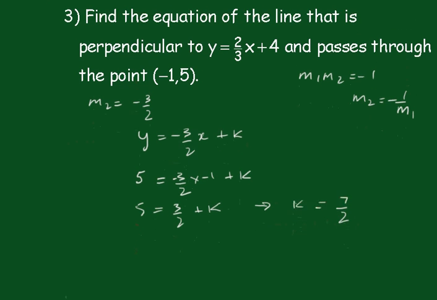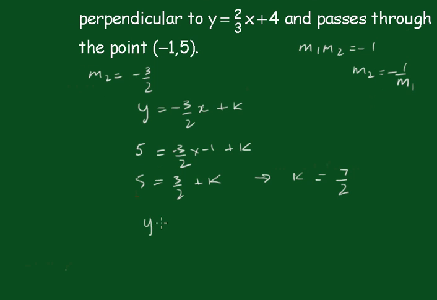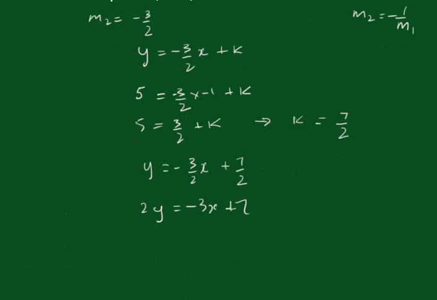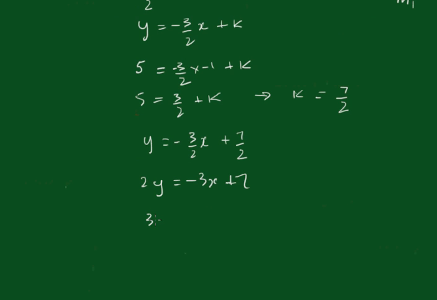So we have it as y equals minus 3 over 2 x plus 7 over 2. Now I might put this in general form, it's a bit unpleasant looking. So multiplying this throughout by 2, we get 2y equals minus 3x plus 7. And take this across, we get 3x plus 2y minus 7 is equal to 0.